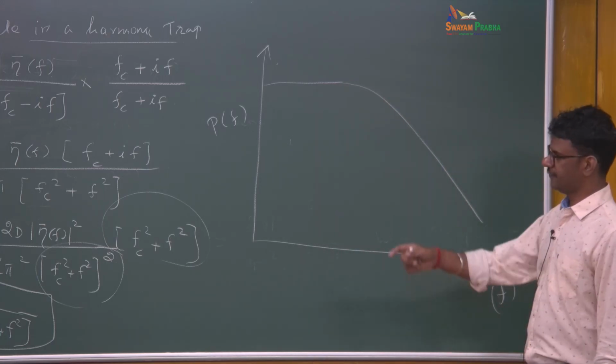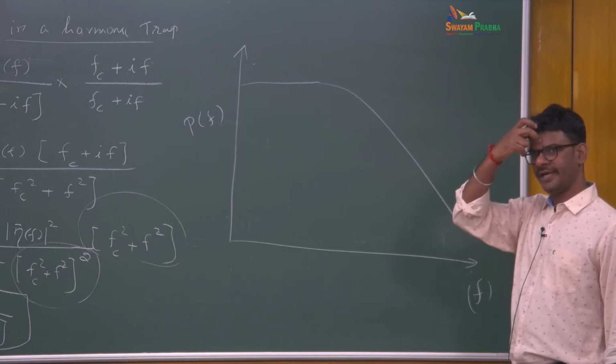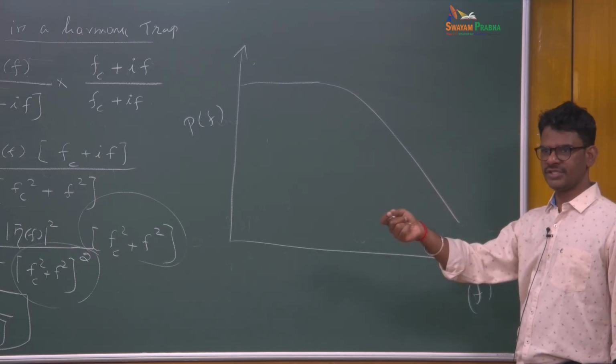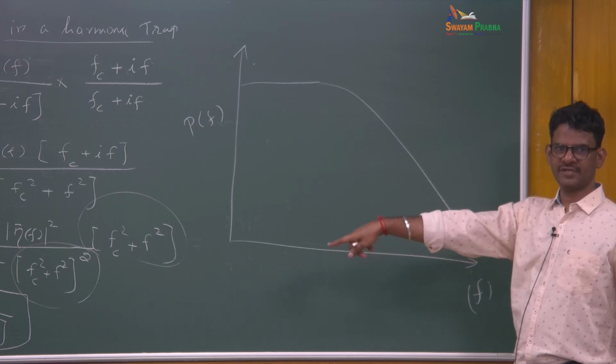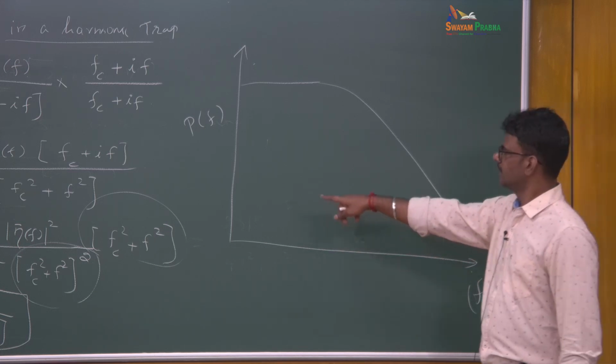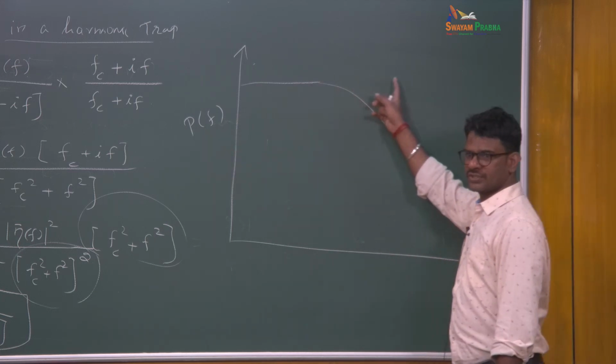If you take the time series data of the Brownian particle confined in a potential and apply this power spectral density transformation, the experimental data would look something like this.